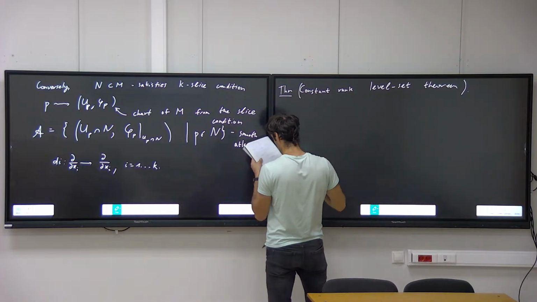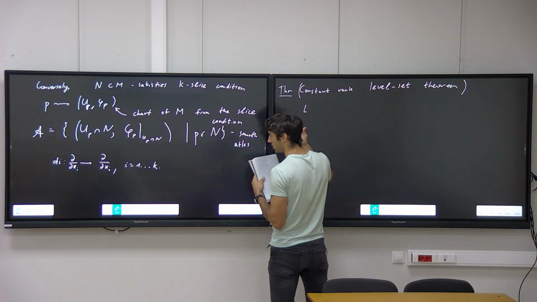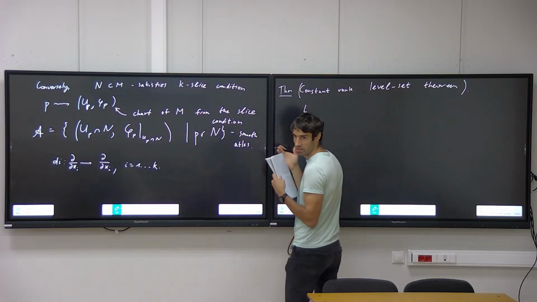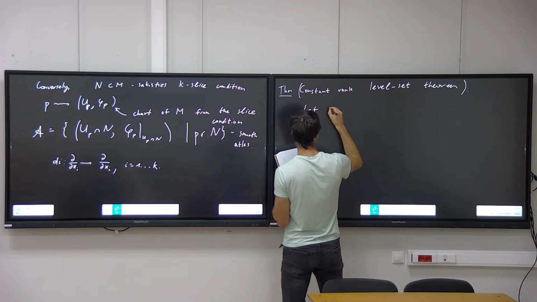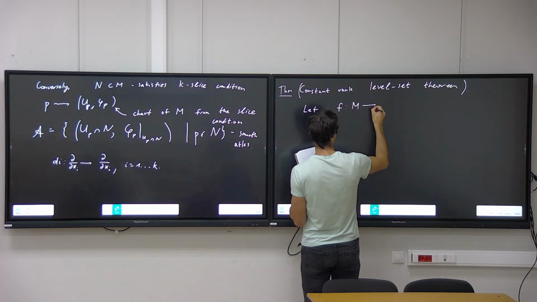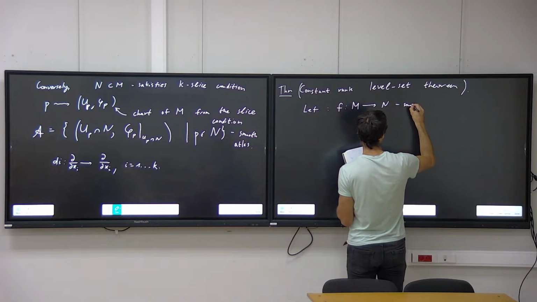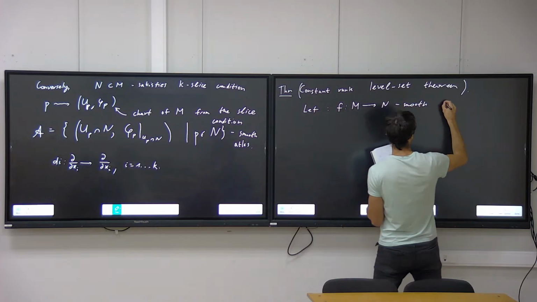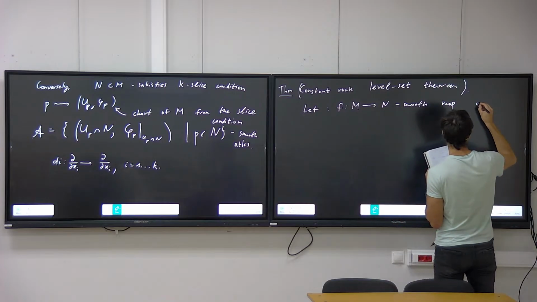It says, suppose, and these are all corollaries to the rank theorem, including this one, let F be a smooth map between two manifolds, and it's of constant rank.